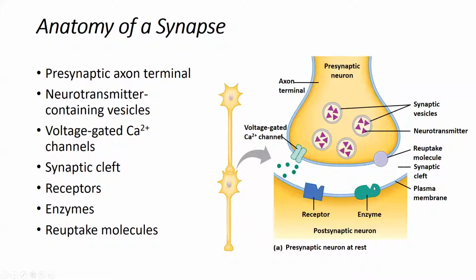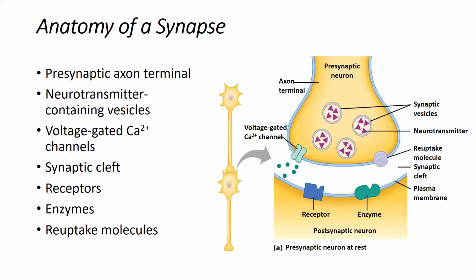So this enzyme will break down those neurotransmitters into smaller pieces, and then they can be reuptaken into this terminal bouton, recycled, and repackaged into a new vesicle to make some new synaptic vesicles, which have new neurotransmitters. Alrighty. So these are the important structures in understanding what takes place at a synapse.